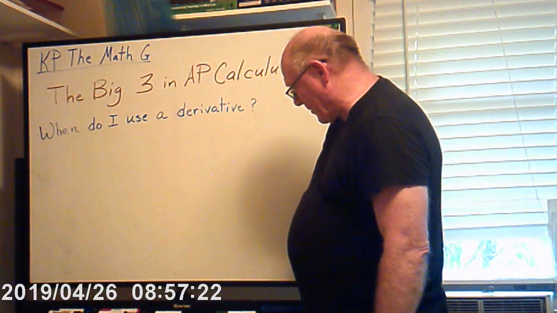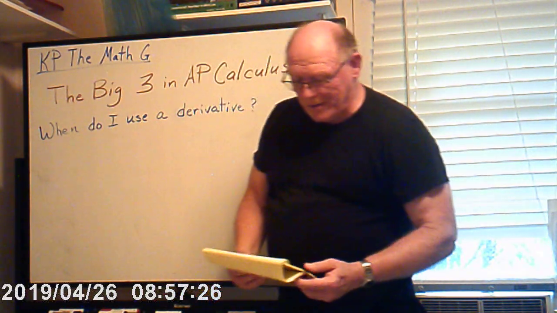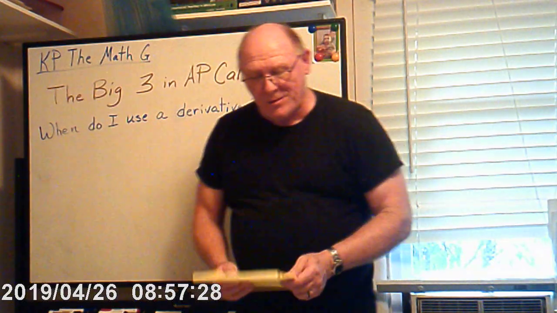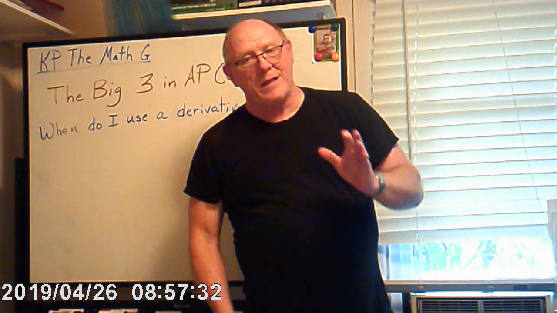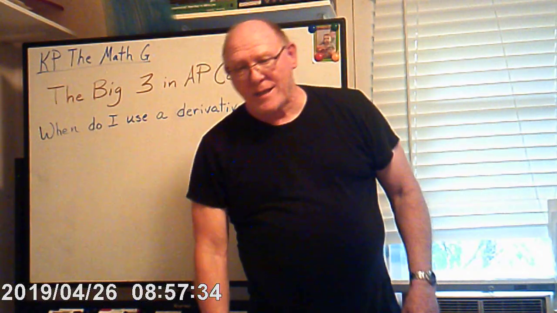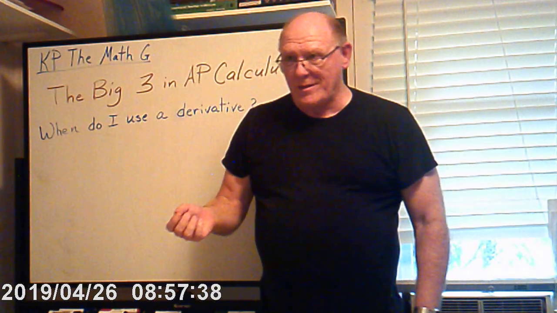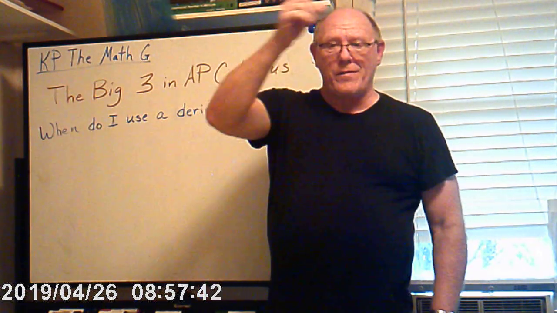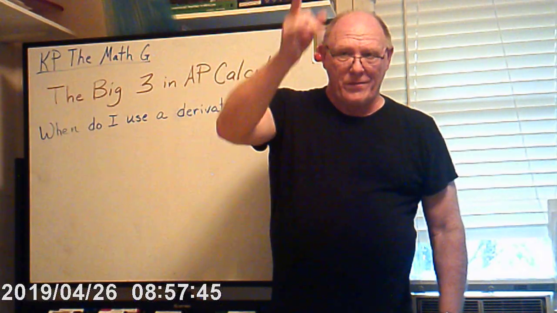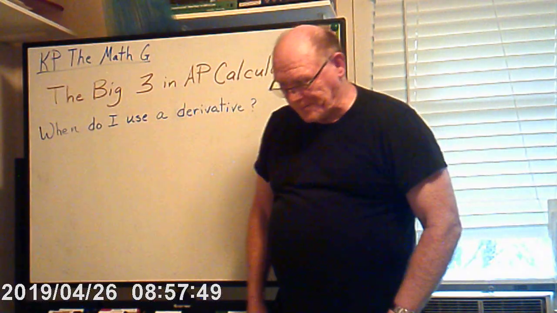When do I use a derivative? Well, one time we talked about using a derivative is when we wanted to find out if a function is increasing or decreasing. You can take f of x or g of x, and without drawing the graph, you can tell whether the function is increasing or decreasing.